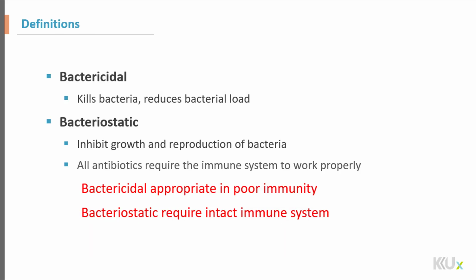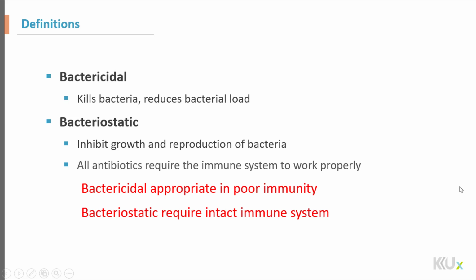So sometimes we say bactericidal antibiotics and other types of antibiotics are bacteriostatic. Bactericidal, the word cidal means killing, and bacteria is the bacteria. So it kills the bacteria to reduce finally the bacterial load. Bacteriostatic, on the other hand, inhibits the growth and reproduction of bacteria.